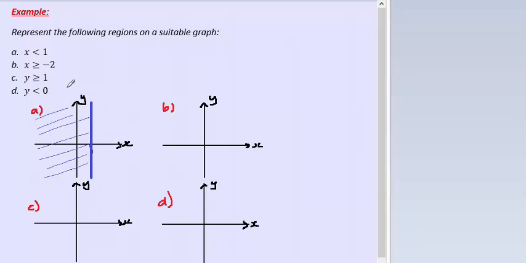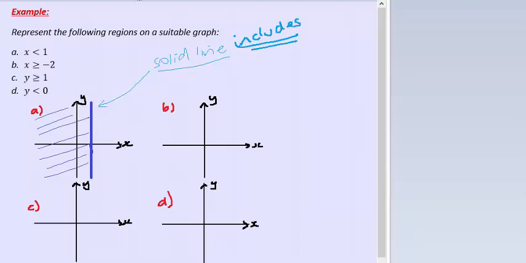1. Now the only thing I haven't done that I need to do is when I have a solid line, that means that it also includes my area where x equals 1. But this isn't equals 1. So I'm going to write here, my solid line includes.